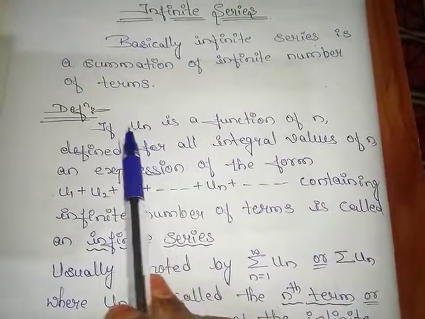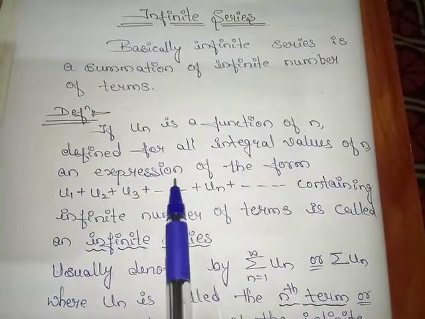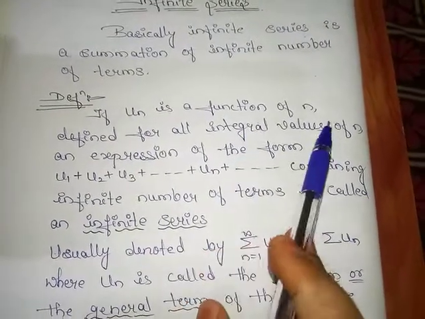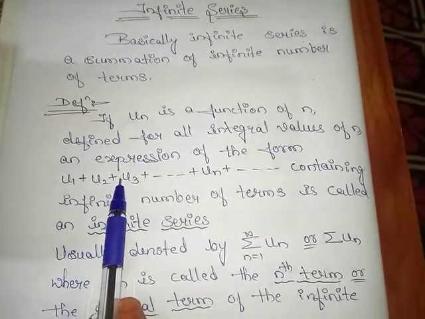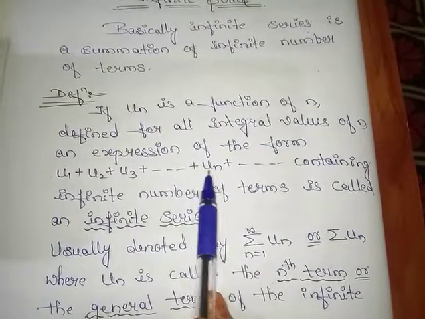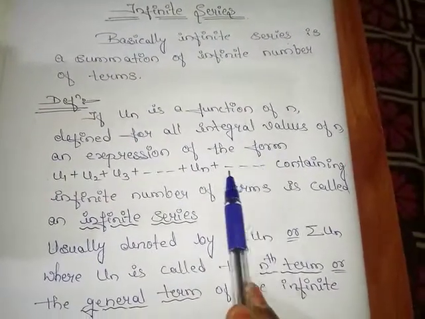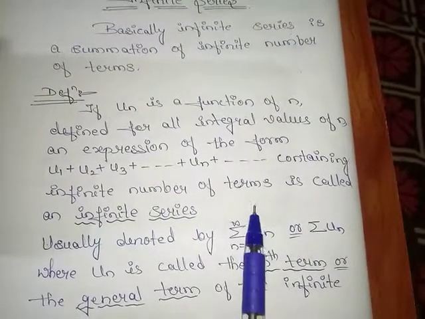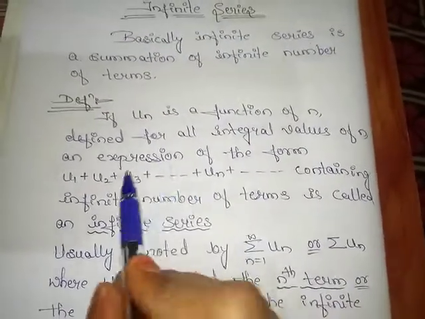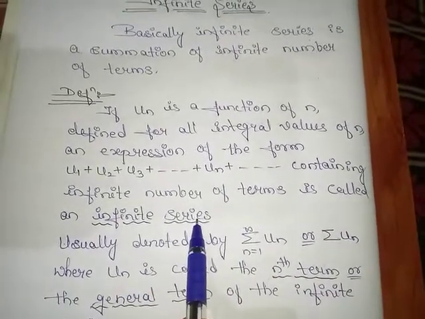Means what? un is a function, it has n number of integral values, and it can be written as u1 plus u2 plus u3 plus so on to un plus and so on. Plus and so on means this series has an infinite number of terms. Then we call this series an infinite series.